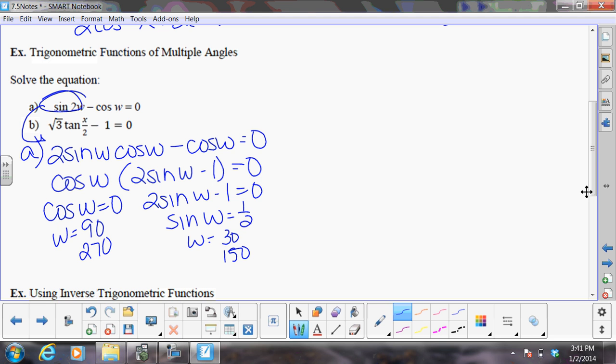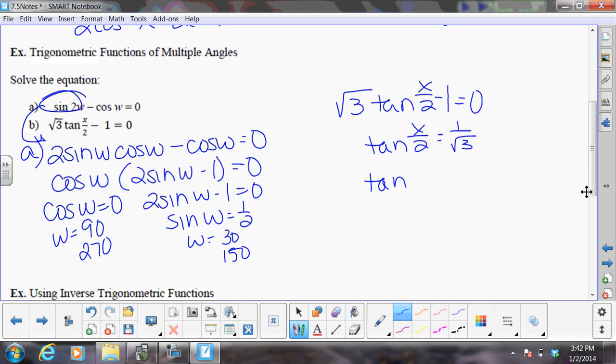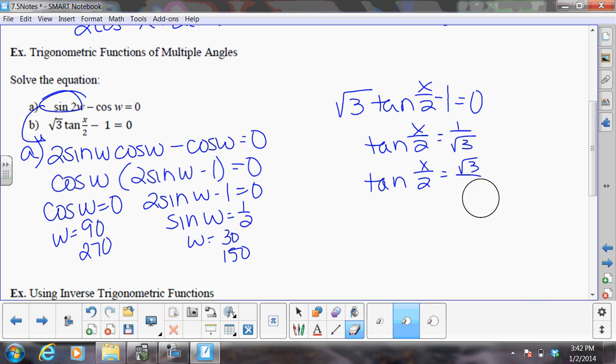Then we have a half angle formula. So square root 3 tan of x over 2 minus 1 equals 0. So we're going to move 1 over and divide by square root 3. Which is not pretty. So we will change it so it looks like square root 3 over 3. We will rationalize it. Oh, that's a 3 on the bottom, not a 2.